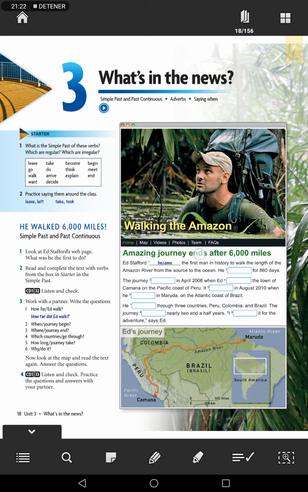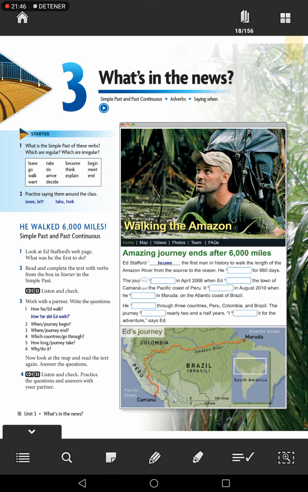Now, activity number 2. It says, he walked 6 miles. Simple past and past continuous. Look at the Ed Stafford's webpage. What was the first to do? ¿Sí? Aquí está la página de esta persona, Ed Stafford. ¿Sí? Y dice, ¿qué fue lo primero que hizo?